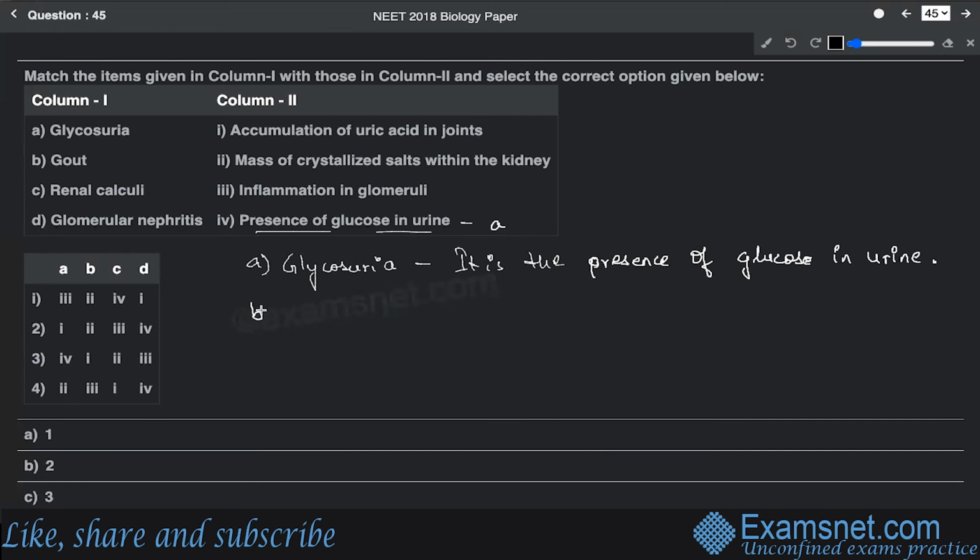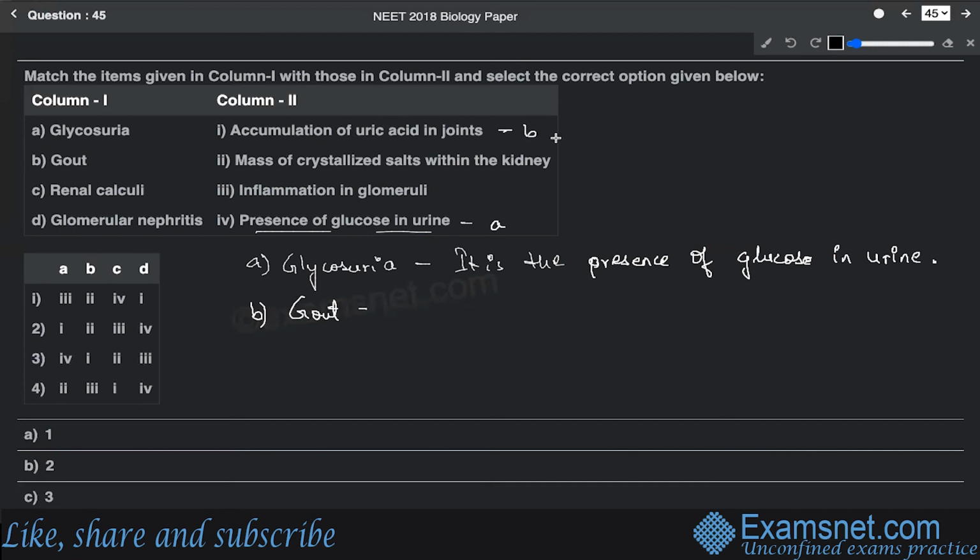All right. So this is going to match up with A. Then the option B is gout. Now gout again is a disorder that is related with the kidney, that results in the deposition of uric acid crystals in the joints of the human body. So accumulation of uric acid in the joints, you can say.